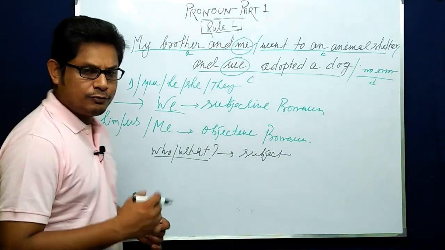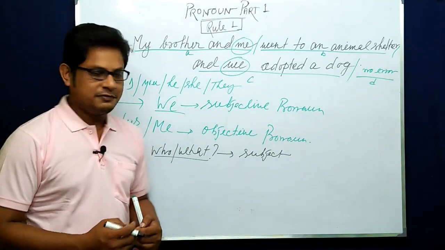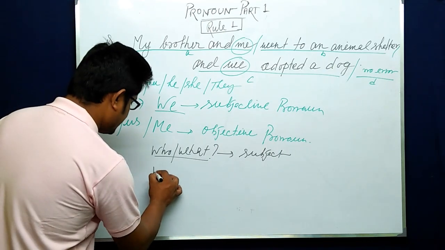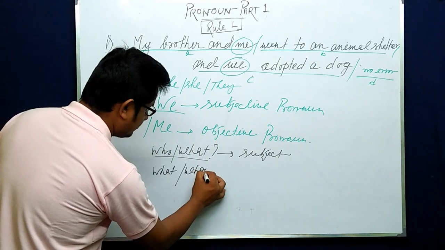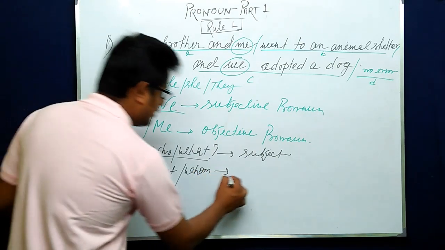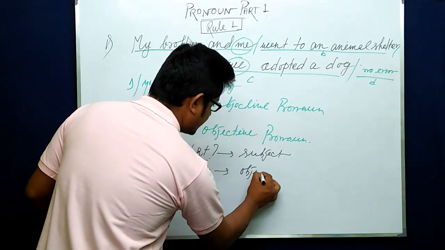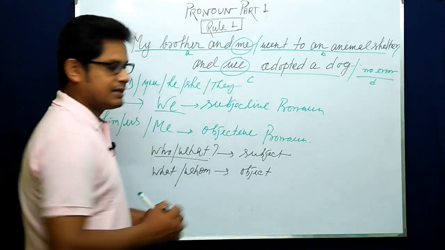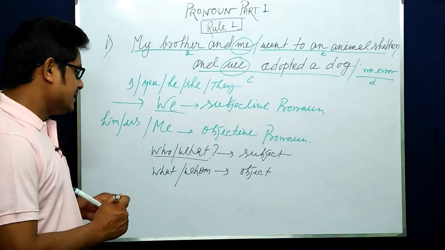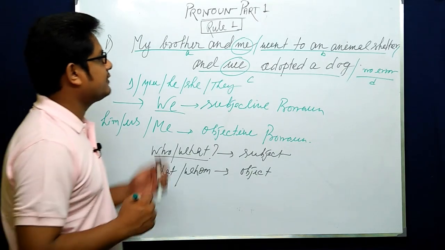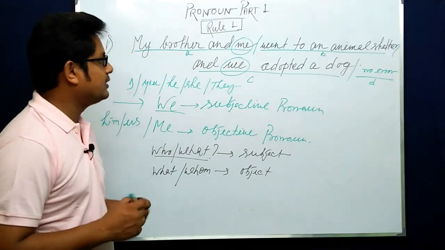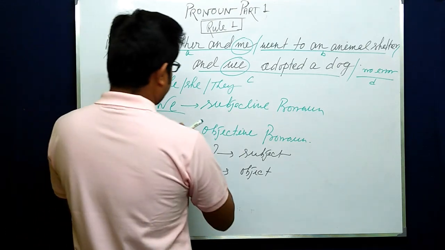And at the same time, if you want to find the object of the verb, then you have to ask the question what or whom. Then only you will get the object. Clear? Object of the verb. See, so suppose in this sentence, at first you have to know which one is the verb. The verb is went.